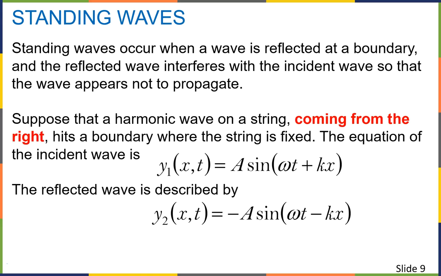It's going to have to go down. So as time increases, x is moving in the negative direction, moving to the left. This other one has a minus sign. As time goes up, x has to increase to keep it constant, so it's going to the right. If the signs are opposite, it's going to the right. If the signs are the same, it's going to the left.